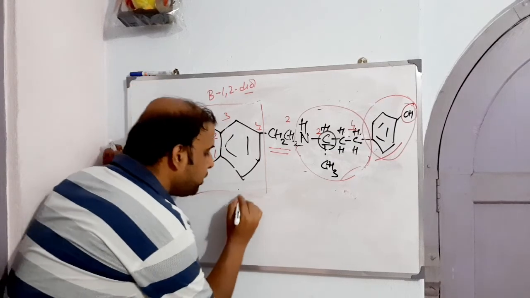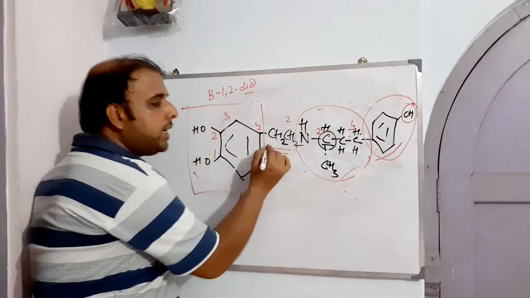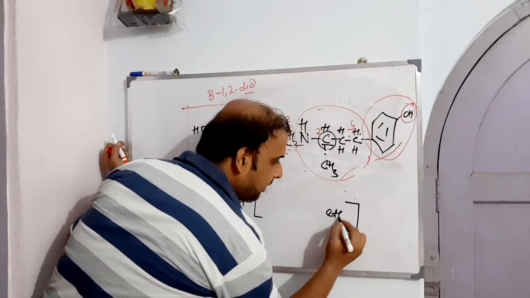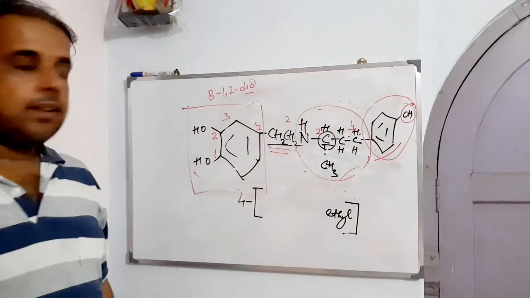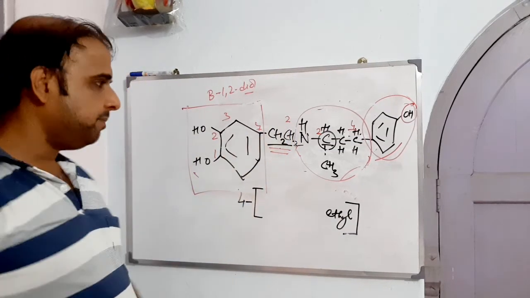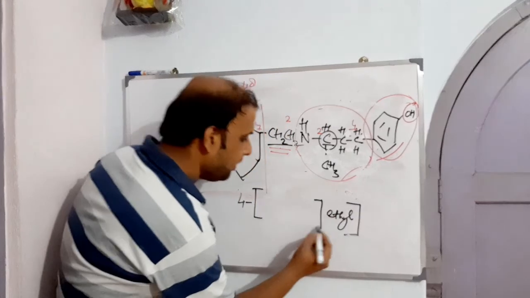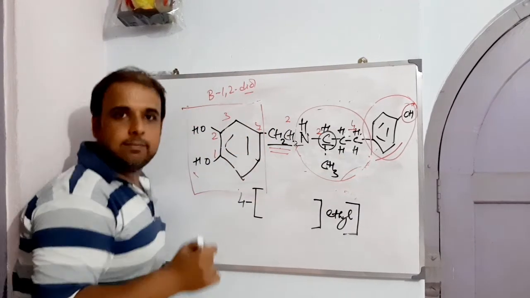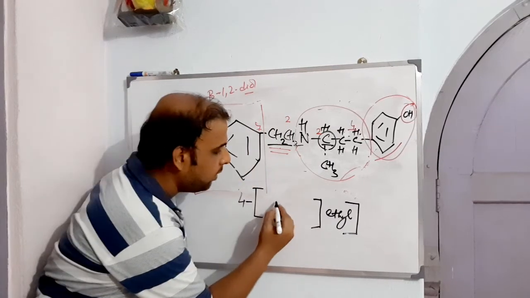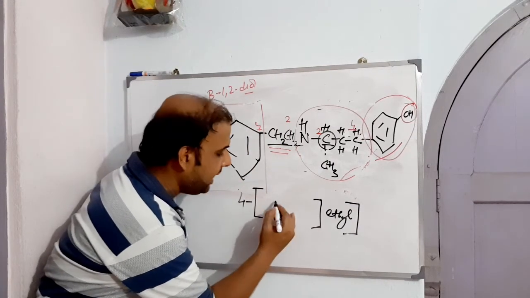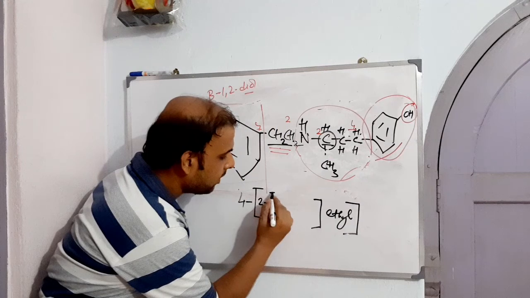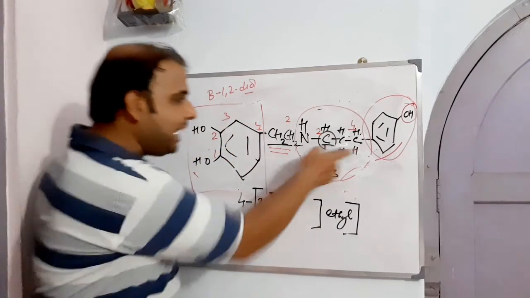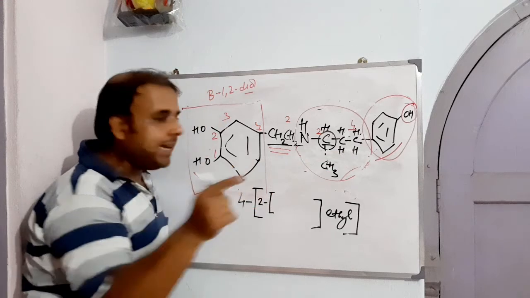Okay, chalo. So 4 is holding what? 4 is holding ethyl. So 4 is holding ethyl, right? To that ethyl is connected the alkyl amine. Chalo. So to that ethyl, the alkyl amine is there, and the alkyl amino is being held by the second carbon.